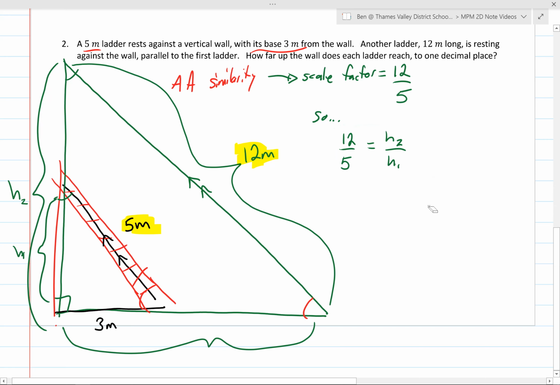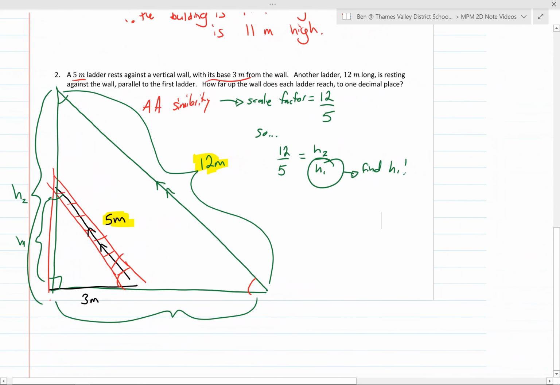Well, that's great, but I don't know how high my small ladder is reaching against the wall. So I need to find H1.